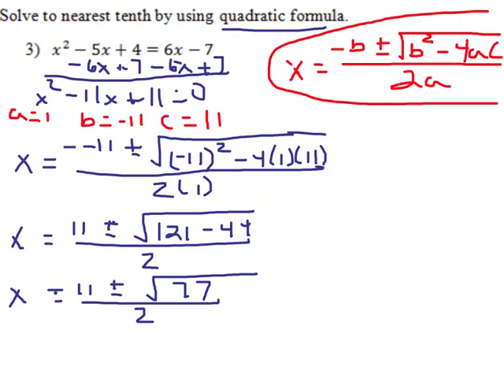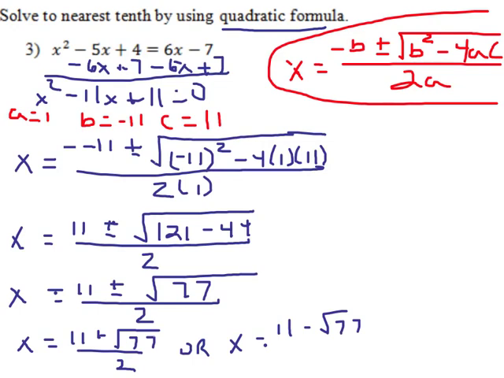All right, so bottom line here is we have one answer where x is equal to 11 plus the square root of 77, which, guys, is just prime, so you can't break that up at all, and divide that answer in half. Or the other answer is x is equal to 11 minus the square root of 77, and then cut that in half.